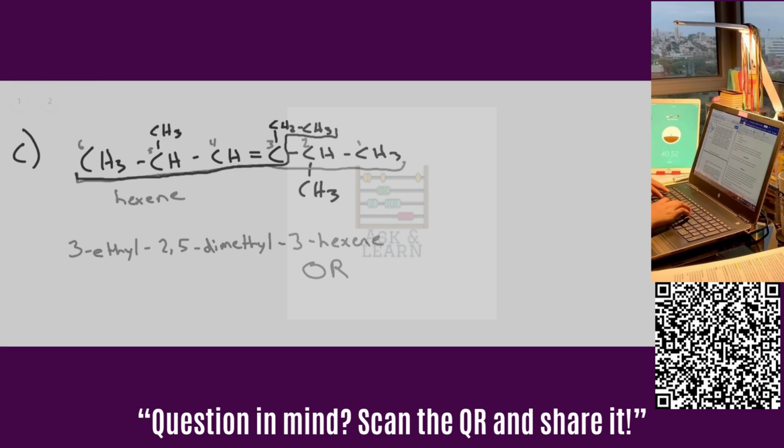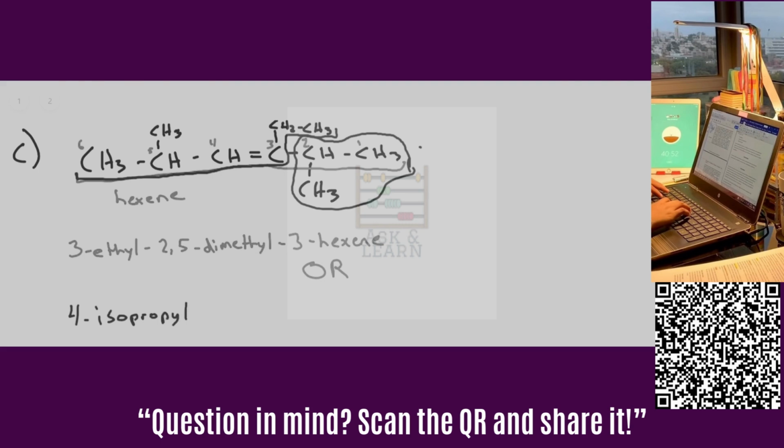And then our substituent here would be a substituent by itself. So in this case, we would still have a 6-carbon chain. The double bond would still be at position 3, but instead of having a methyl and an ethyl group on the right side, we have an isopropyl group.